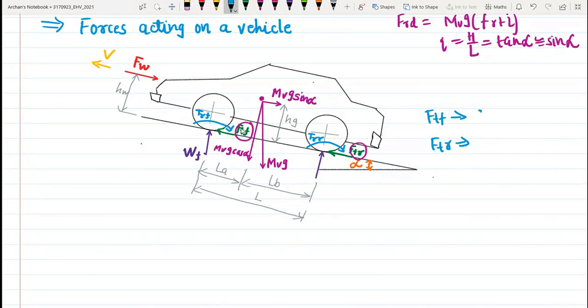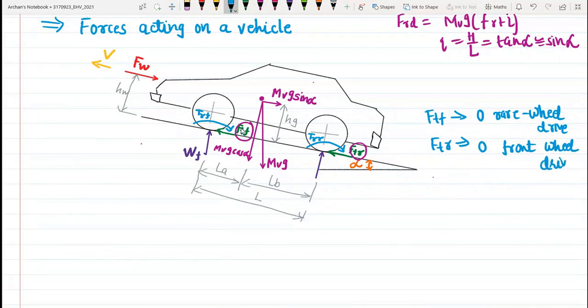FTF will be equal to 0 for a rear wheel driven vehicle, and FTR will be equal to 0 for a front wheel driven vehicle, right? So these were the things we have covered up till now.